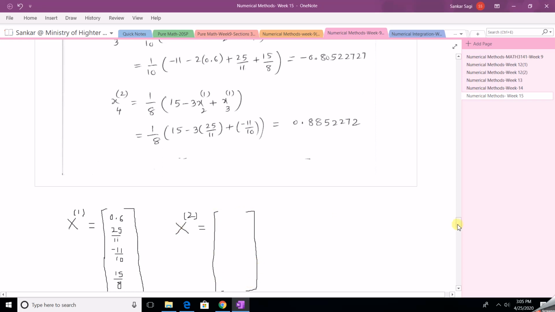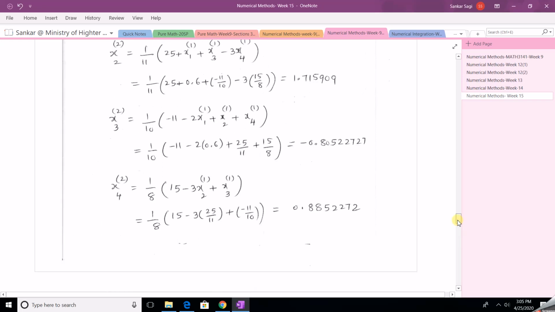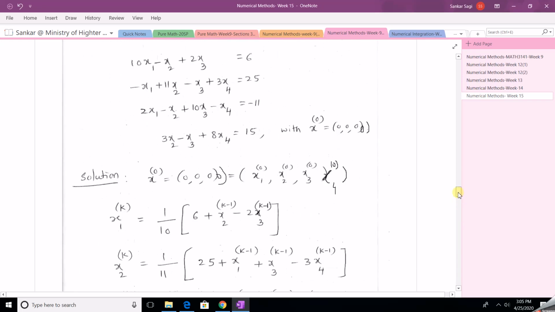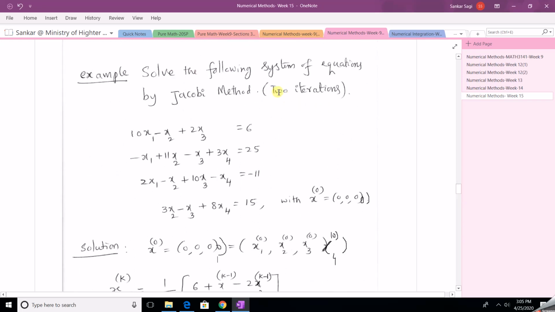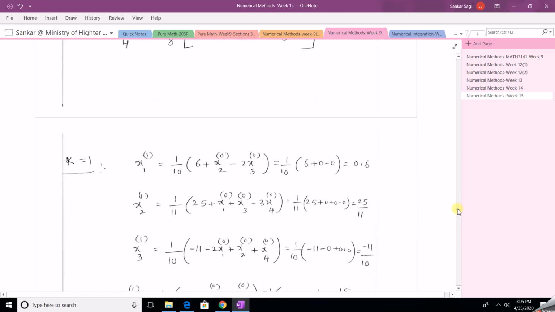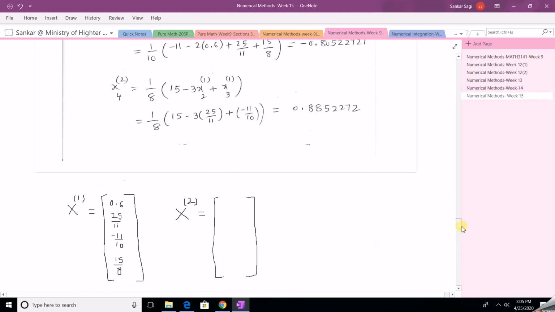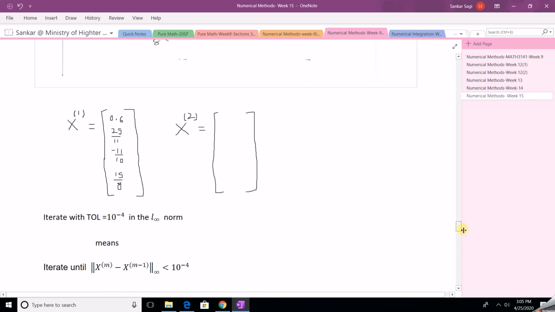Now, in this problem, we are asked to find two approximations, two iterations. So we did two iterations, first approximation and second approximation. But sometimes they may even ask this way: iterate with tolerance 10⁻⁴ in the L infinity norm.